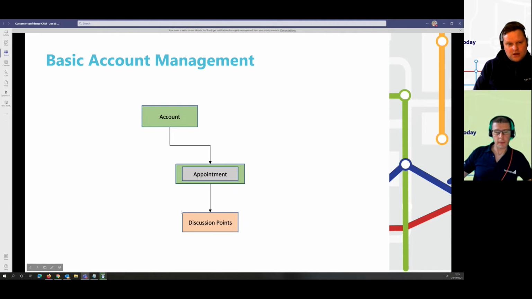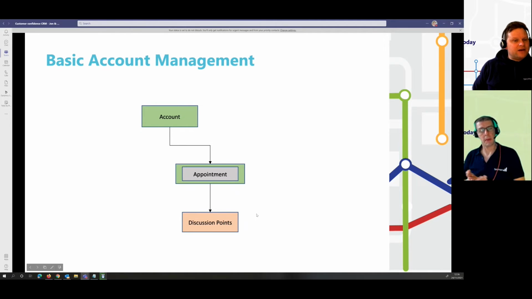Sure. So as John mentioned, we have this enterprise level with the account plans, an additional layer in there. But for simplicity, we have the concept of just having the account and a recurring appointment.